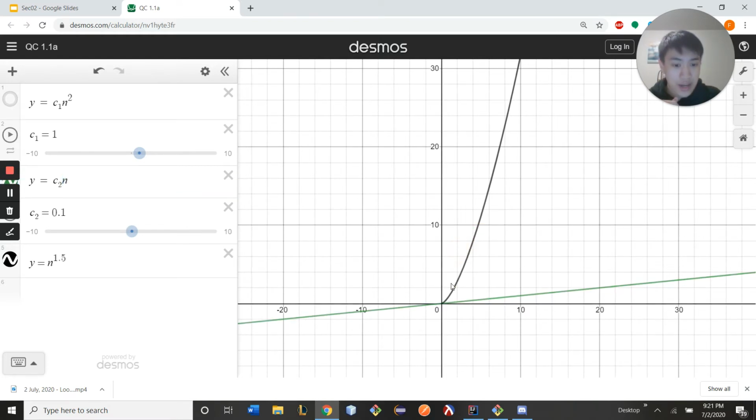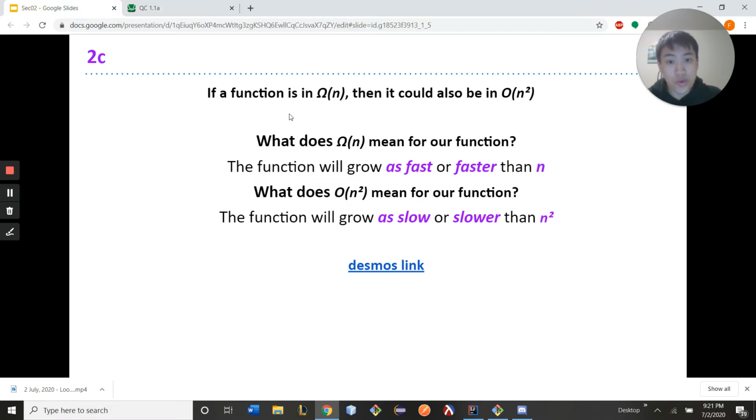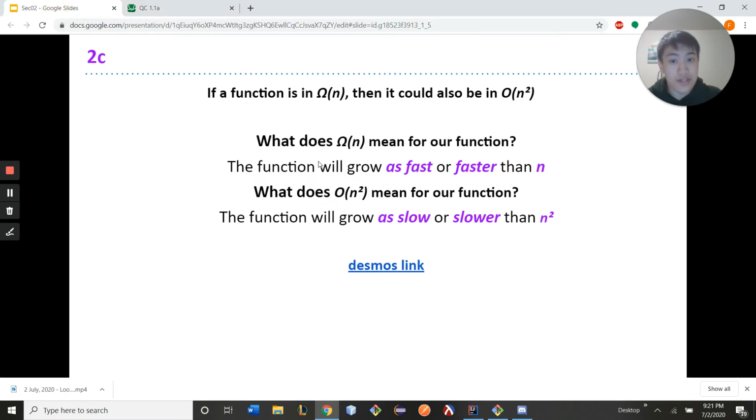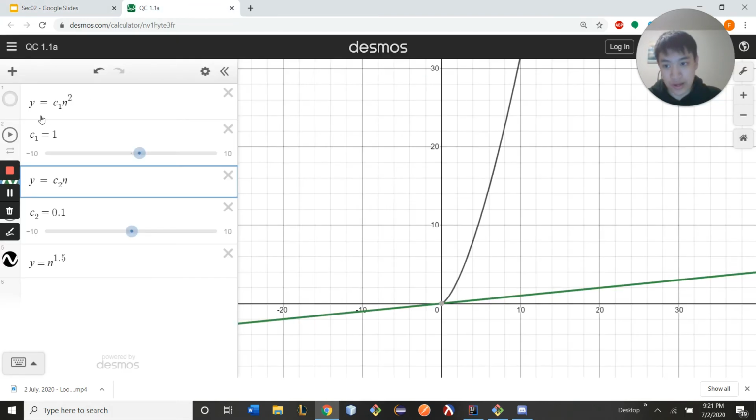And you'll notice that after the point 0, my black function here, my proposed function, is always going to be lower bounded by this green function, which is a multiple of n, right? And so that means that yes, indeed, y equal n to the power of 1.5 is in omega of n. So now we just have to prove the other way around.